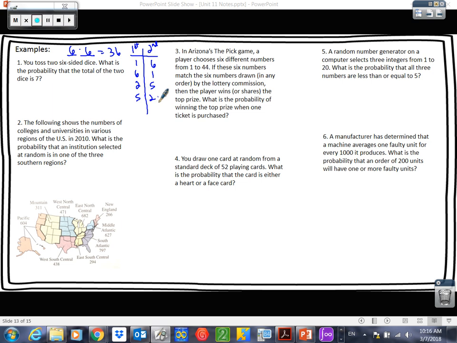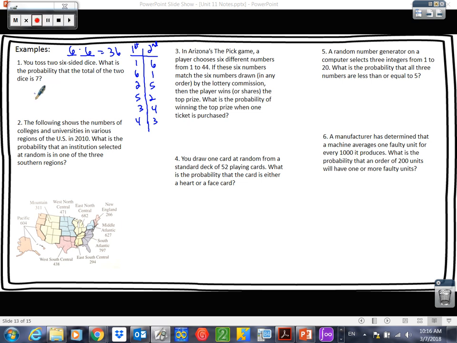What about 3 and 4? If my first dice is 3 and my second one is 4, or my first dice is 4 and my second one is 3, I could get a 7. Are there any other options to get a 7? I don't think there's any other. So there's 6 options to get a 7.